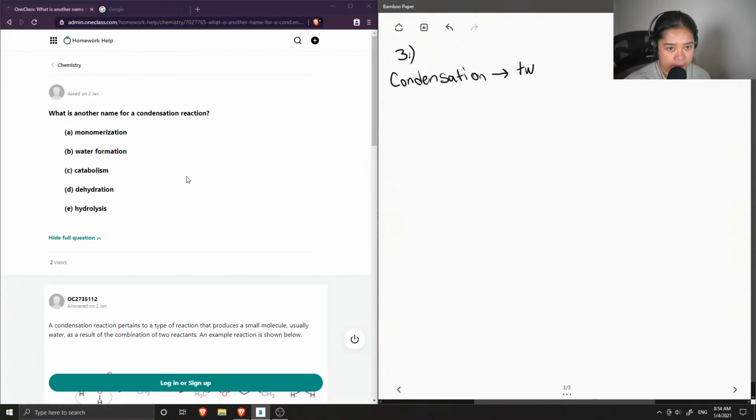This is when two small molecules combine.